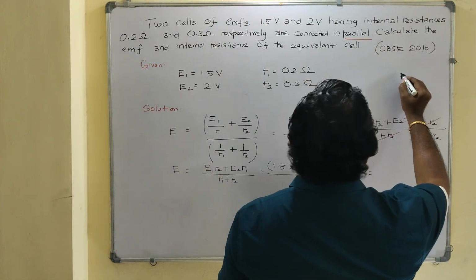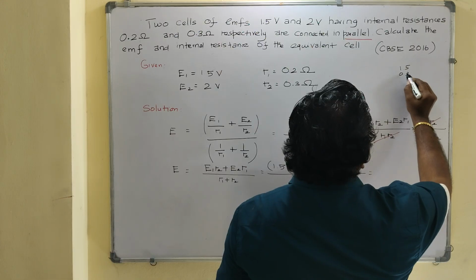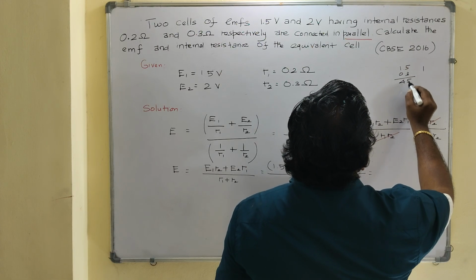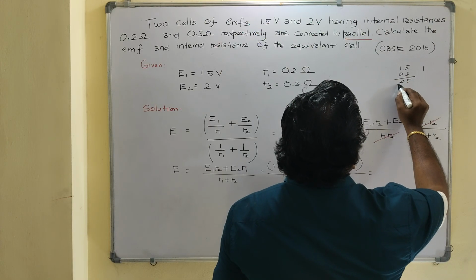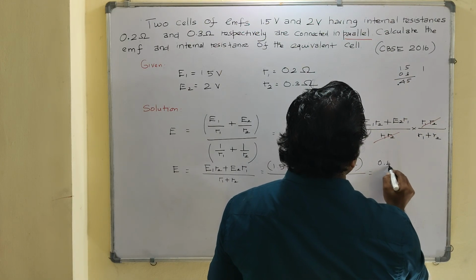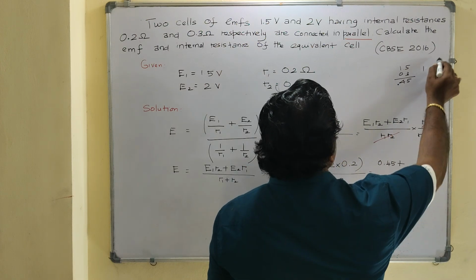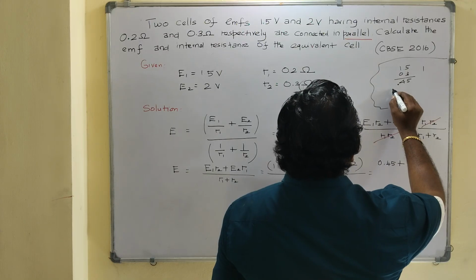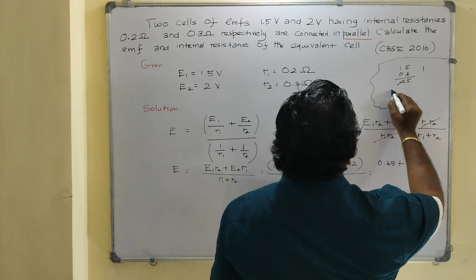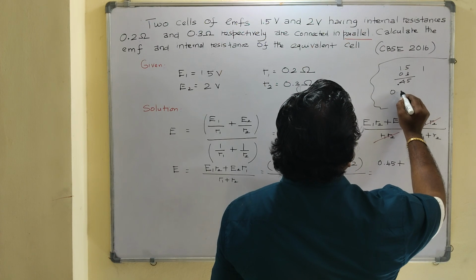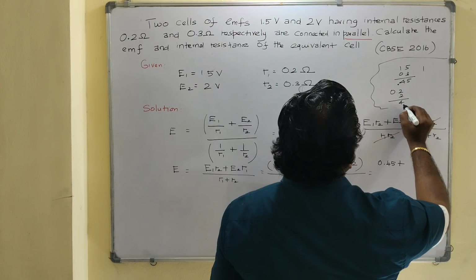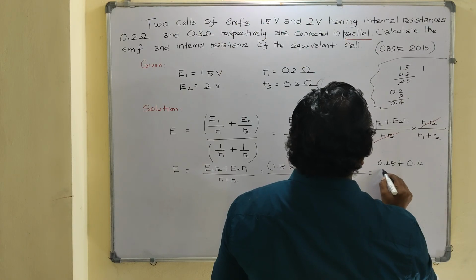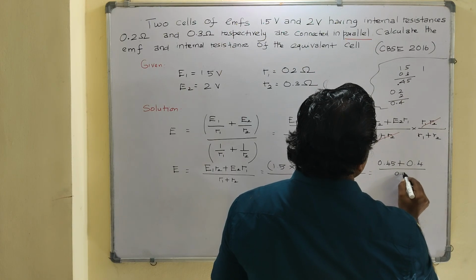How to calculate? 15 into 3 is 45, two digits after the point, so 0.45, plus 0.2 into 2 is 4, one digit after the point, so 0.4, divided by 0.5.